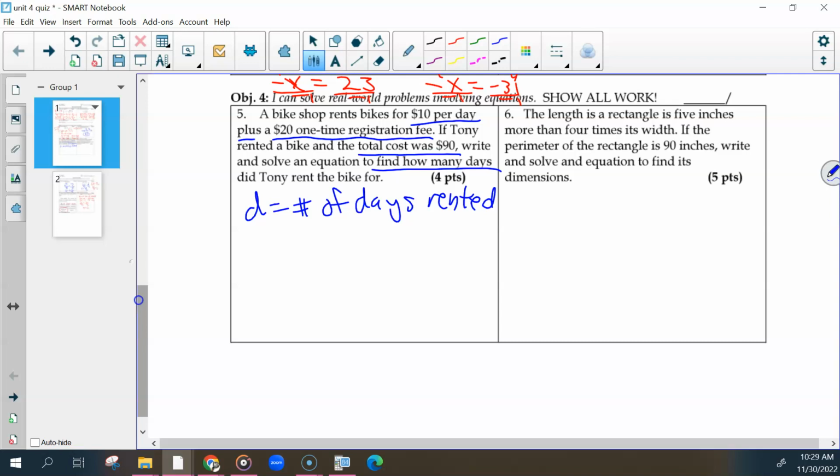Your equation, $10 per day, the per and the D go together, so 10D plus 20, our total was 90. So writing your equation correctly was worth 1 point, and then your variable was worth 1 point. Solving your equation was worth 1 point.